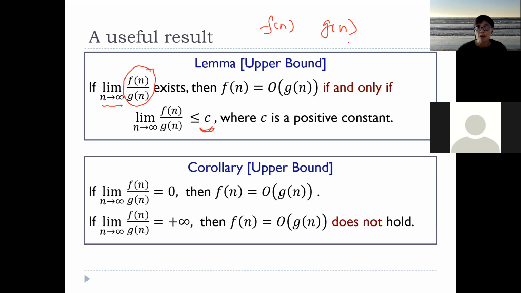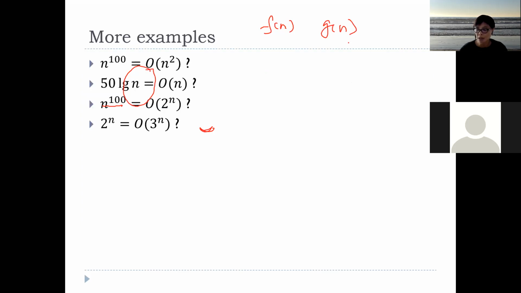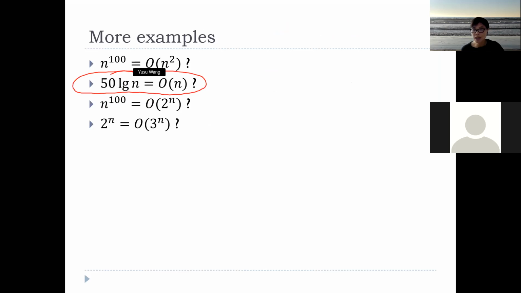Before I talk about the corollary, let's look at one example. I'm coming back to this page. For example, let's look at this example. I ask you, is this true? Let's apply what we just said. In fact, let's look at a slightly different, even easier one.